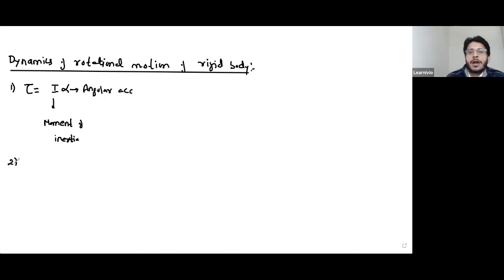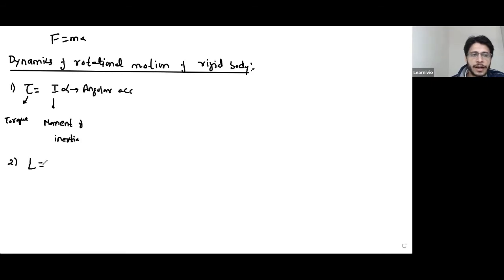Then this tau is obviously torque. If you remember, in translational motion, we wrote force is equal to mass into acceleration. I'm just taking analog. Instead of force, I'm taking torque. Instead of mass, I'm taking moment of inertia. Instead of acceleration, I'm taking angular acceleration.